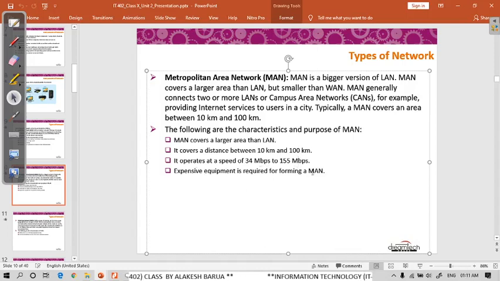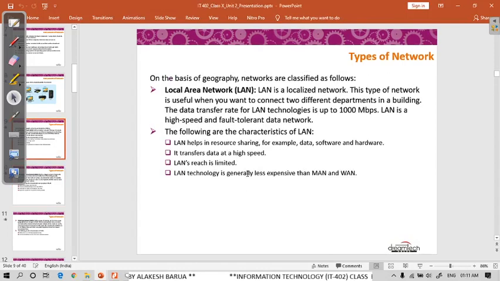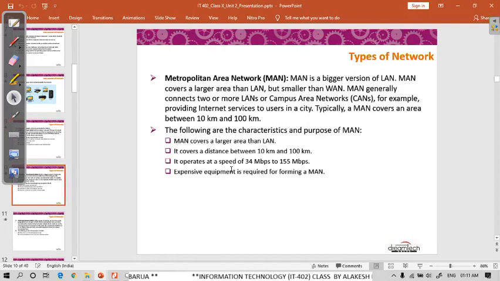Expensive equipment is required for forming a MAN. A LAN is less expensive, a MAN is more expensive. Why? Because a metropolitan area network covers a greater geographical area, and to maintain the signal integrity and signal strength, we have to deploy other devices such as repeaters and various switches, managed switches, unmanaged switches.